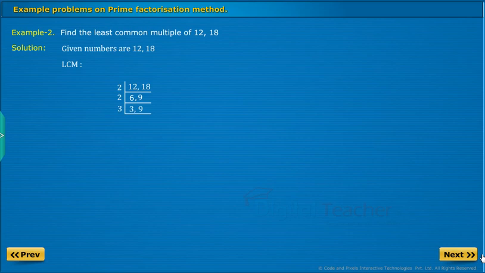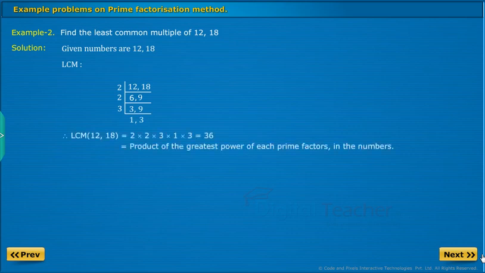At this stage, the two numbers can be expressed as factors of 3. Now, the obtained numbers are prime in nature. They cannot be further factorized in terms of numbers other than 1 and themselves. The product of all these prime numbers is shown on screen. The least common multiple of the given numbers is equal to the product of the greatest power of each prime factor in the numbers.